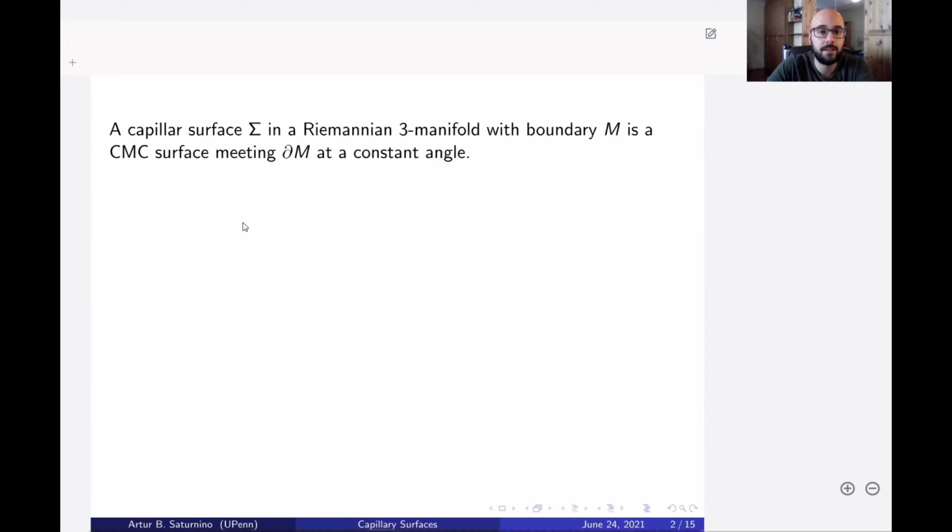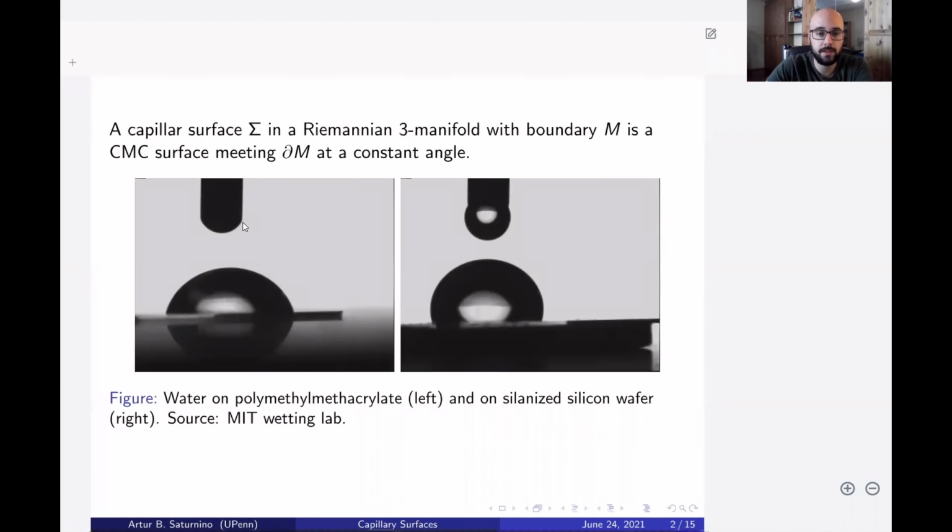Now, a capillary surface is a CMC surface with boundary that meets the boundary of the ambient space at a constant angle. An example that occurs in nature is the interface between water and air.